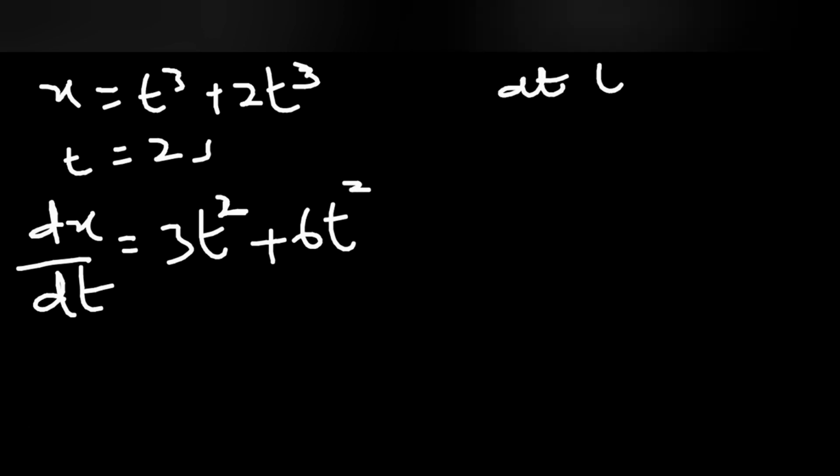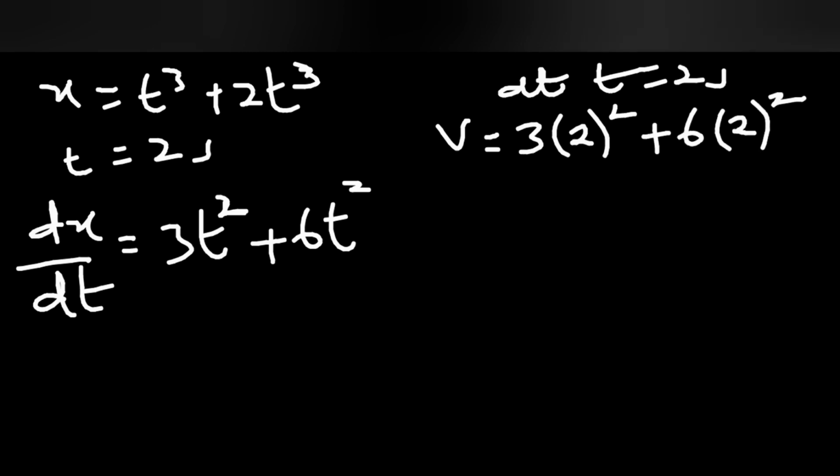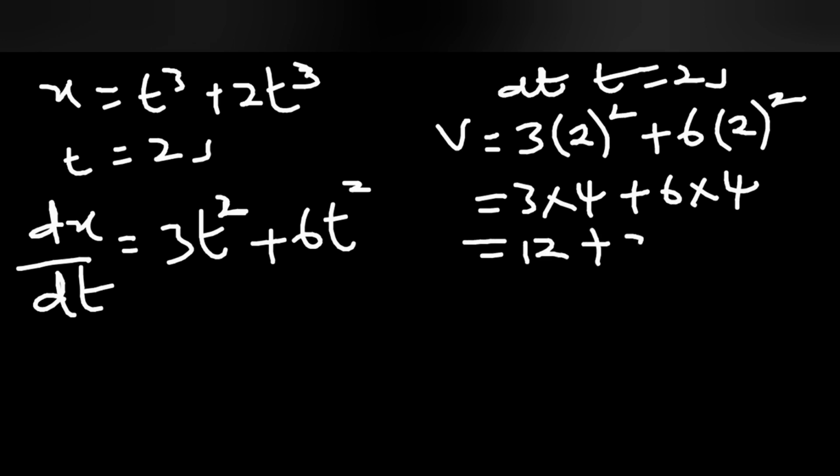At t equals 2 seconds, we shall have that the velocity v equals 3 multiplied by 2 raised to the power 2 plus 6 multiplied by 2 raised to the power 2, which of course will be 3 times 4 plus 6 times 4, which is going to give us 12 plus 24, which is 36 meters per second. That means the velocity of the body at 2 seconds is 36 meters per second.